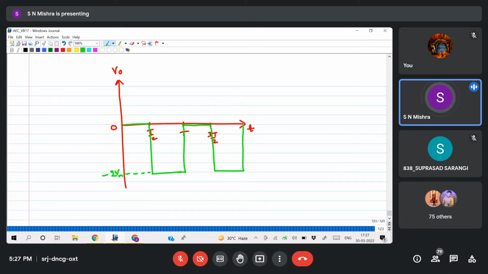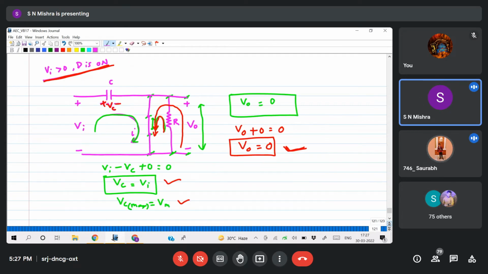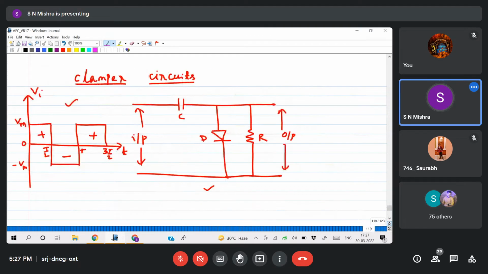So what is my DC level here? The average of this, so the DC level is minus Vm. Now look at the initial input: Vm and minus Vm, with 0 as the DC line.